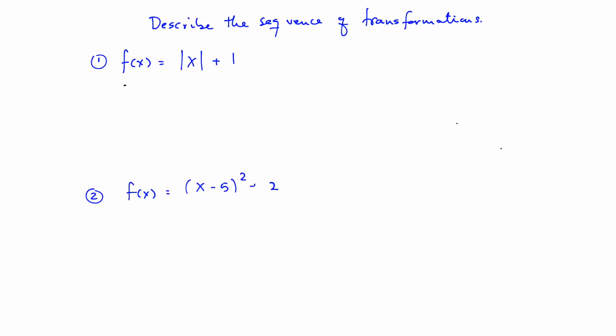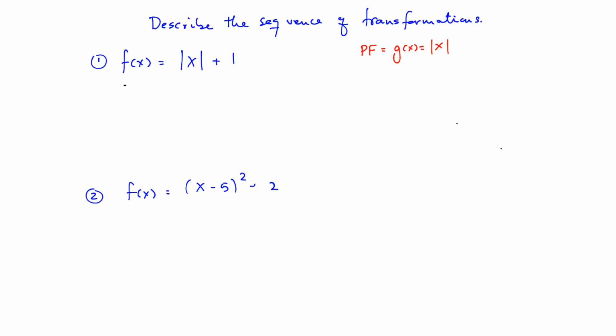So if you look at the highest level of abstraction for this function over here, you could see that the parent function is g of x is equal to the absolute value of x. So something was done to this function to arrive at f of x.